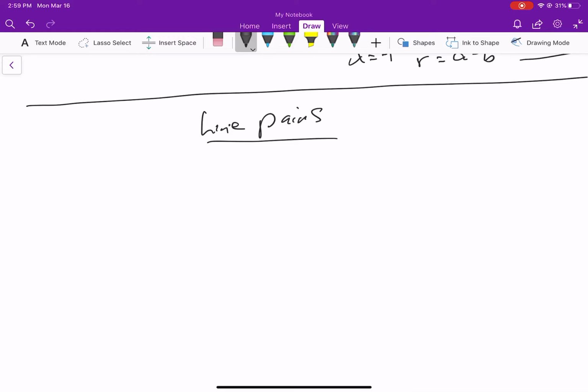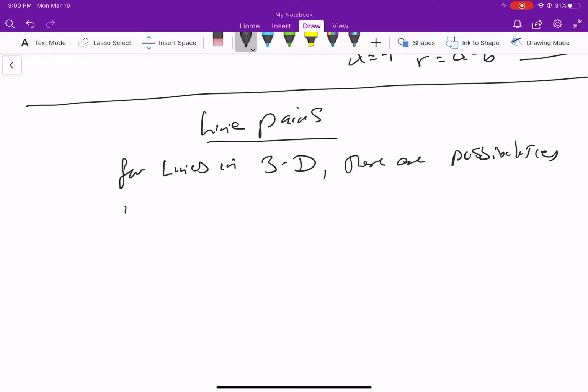Okay, for lines in 3 dimensions, there are 3 possibilities. A, the lines are parallel and will never intersect.